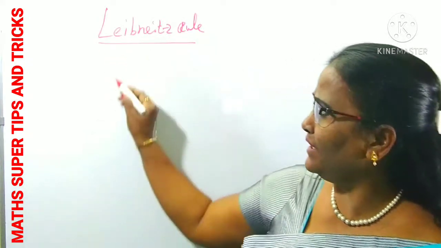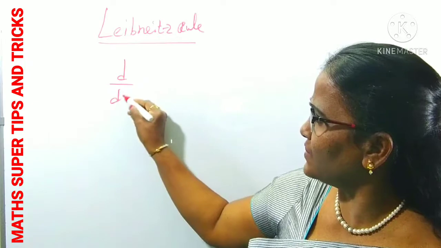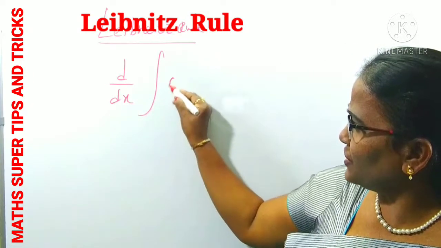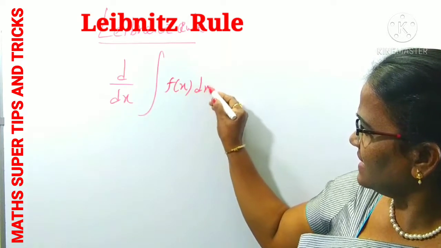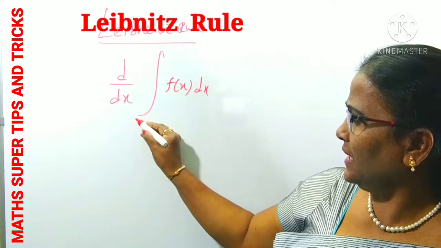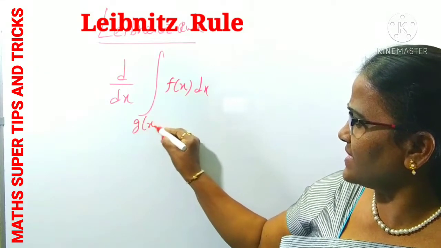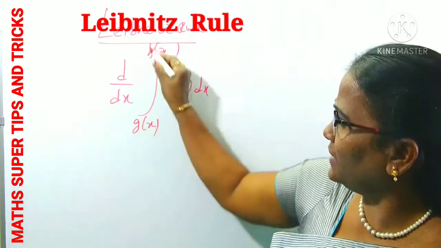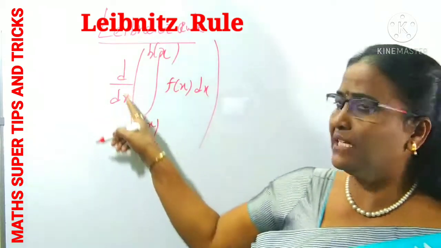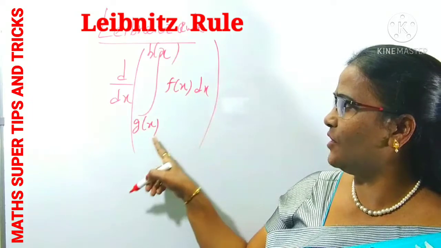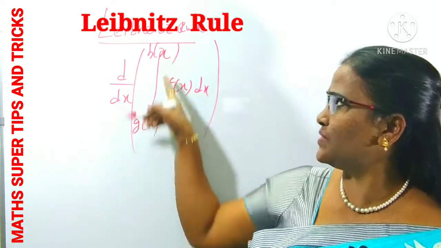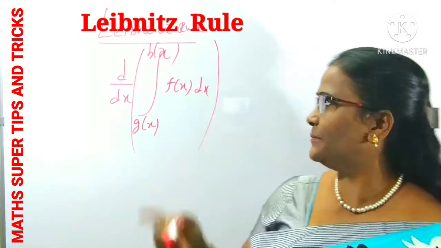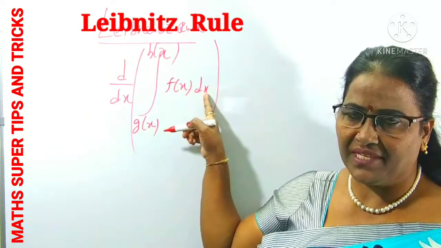To find out the derivative of integral, d by dx of integral of the function f of x with the limits g of x to h of x. g of x and h of x are functions in terms of x, and maybe f of x in terms of x or t.